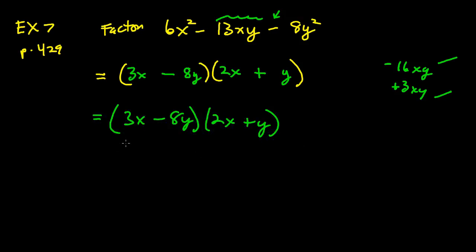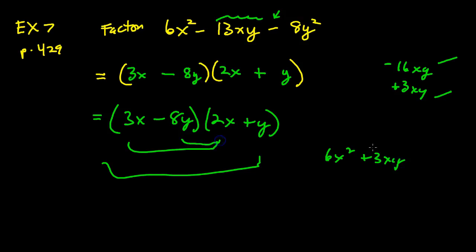And if you want to check your answer, fine. The first product is 6x squared. The outer product is plus 3xy. The inner product is minus 16xy. And the last product is minus 8y squared. And then we know that plus 3xy and minus 16xy do indeed add up to the correct middle term.